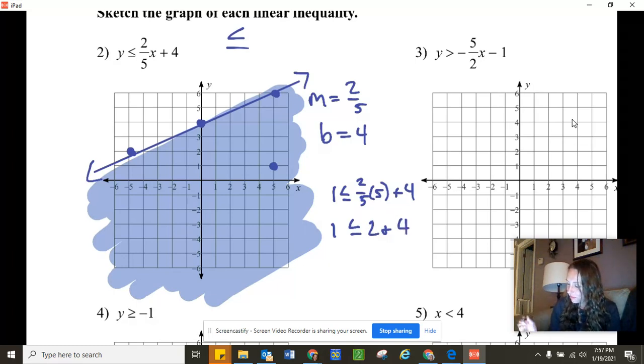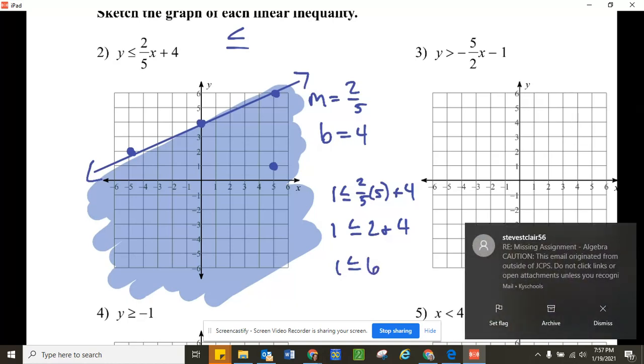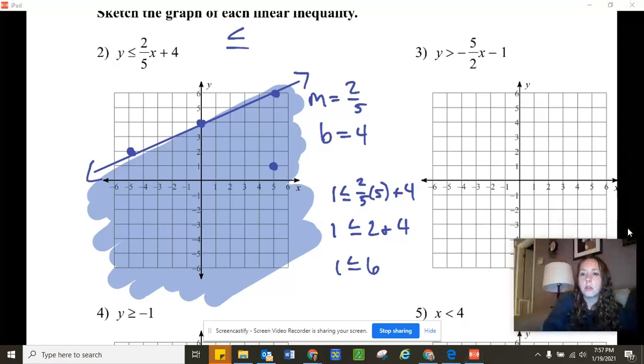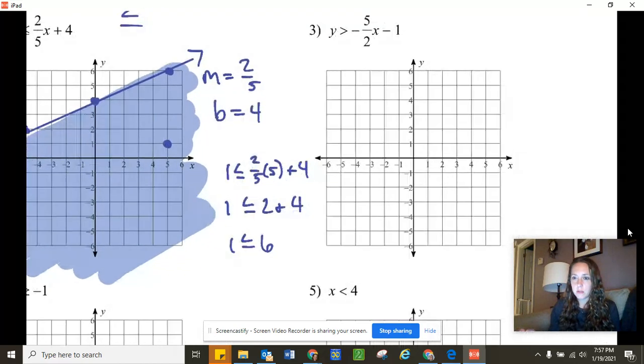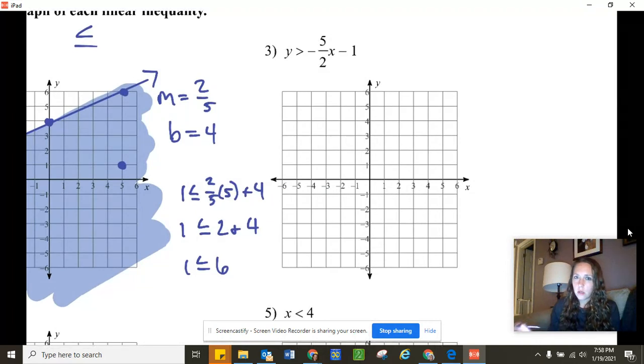So, is 1 less than or equal to 6? Yes, it is. And that'll be true for every point in the shaded area. They will all make this statement true.